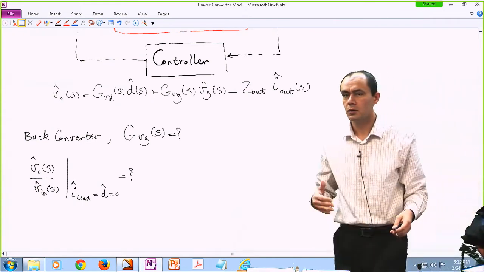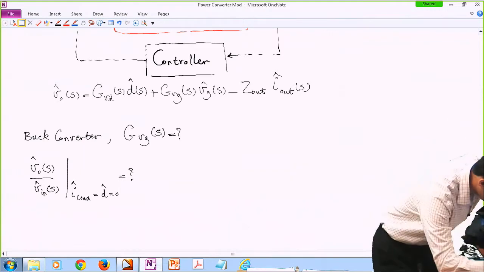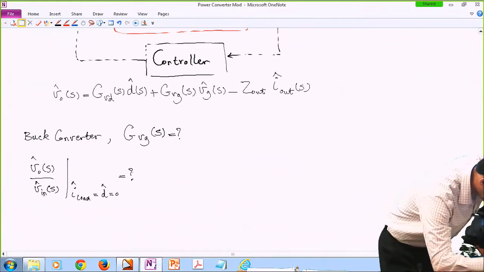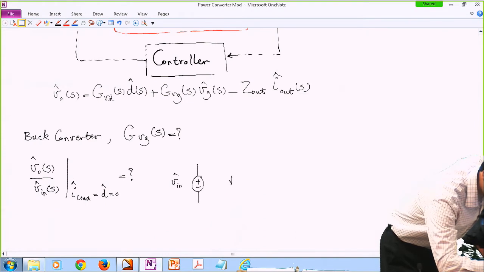All right. So we have to go back to the small signal model that we had for the buck topology. What was the small signal model? We just drew it a few minutes ago. This is Vin perturbed. We had D perturbed times IP.